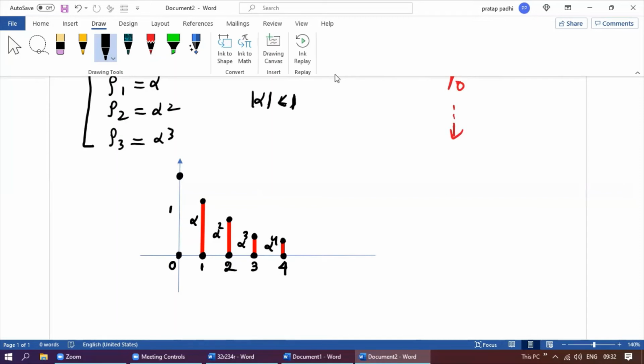These are the autocorrelations. So what is autocorrelation of lag 1? If you want to know a bit about this, suppose I write a process like this, x1, x2, x3, x4.